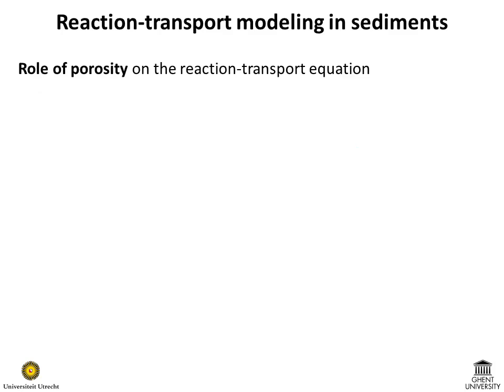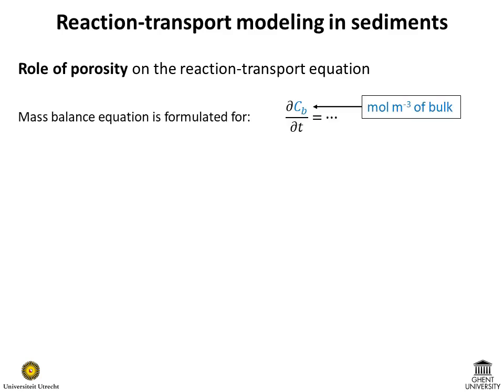The most important role of porosity is the influence on the reaction transport equation. On the one hand, the mass balance equation that we have discussed earlier is formulated for the concentration in the bulk, for which we use the subscript B to indicate that the value is in moles per cubic meter of bulk.